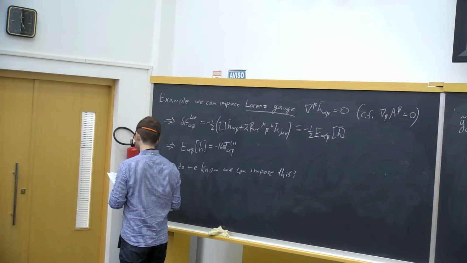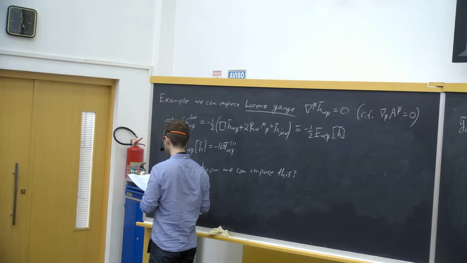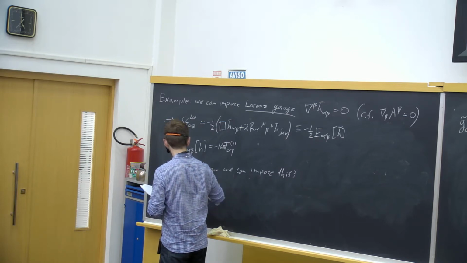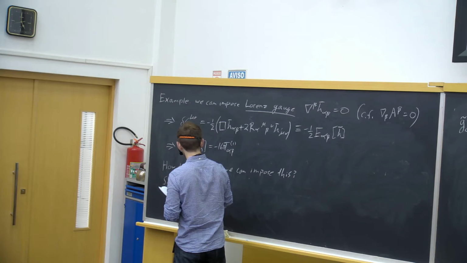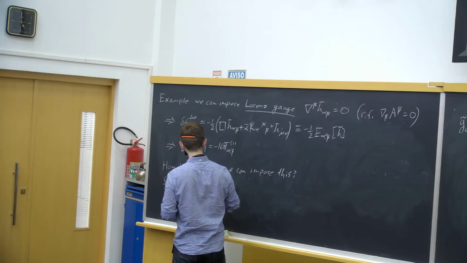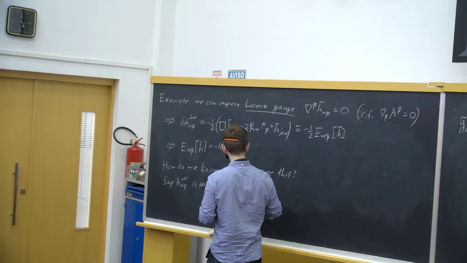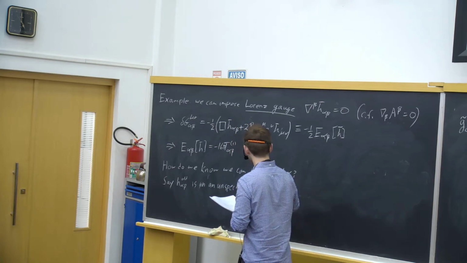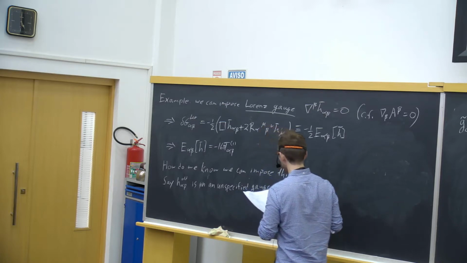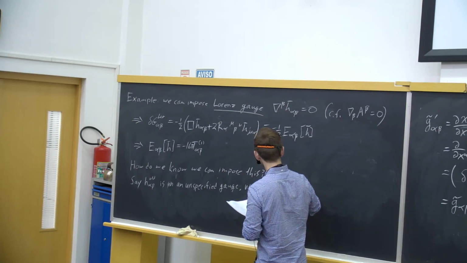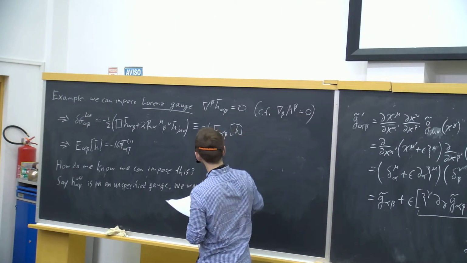Let's say in the old gauge, so not the Lorentz gauge, we have h in any unspecified gauge. Then we want h new to satisfy this condition.